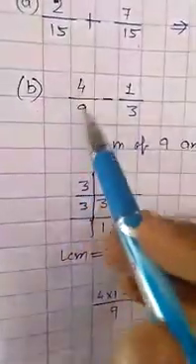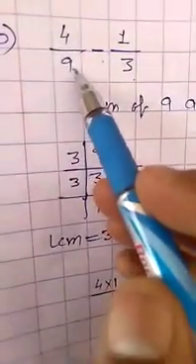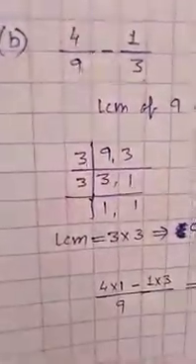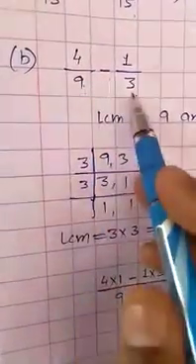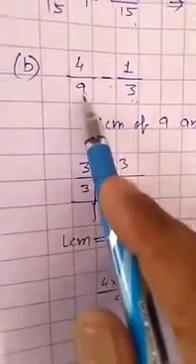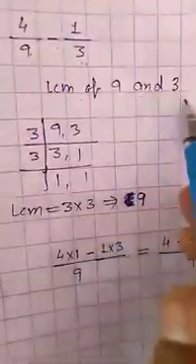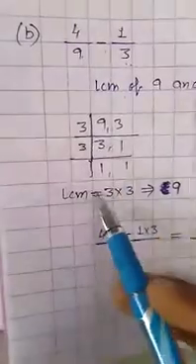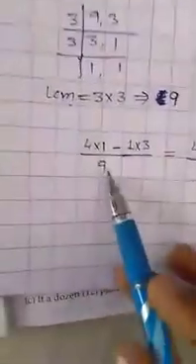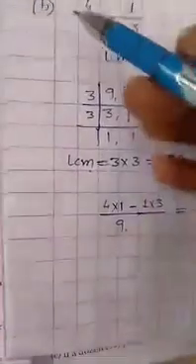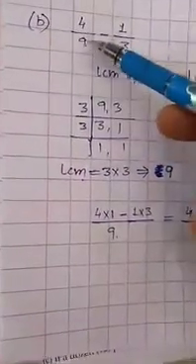Question B: 4 upon 9 minus 1 upon 3. Here we can see that the denominators of these fractions are different. So first we will find the LCM of these denominators. LCM of 9 and 3 will be 9. So we write 9 here and divide it by the first denominator, which gives 1.